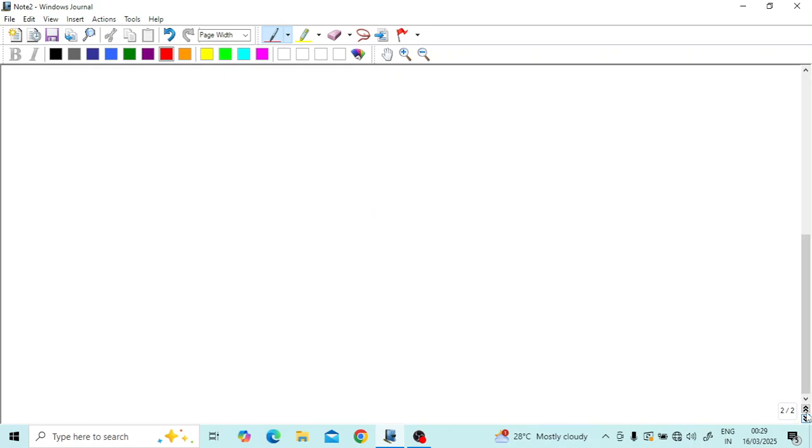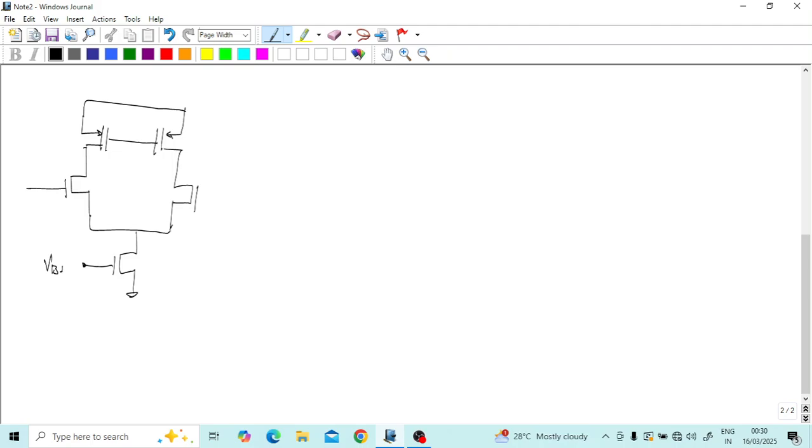Now let's see what the maximum voltage is that we can apply. Let me again draw this 5T OTA. This is the V bias, and this is VCM and VCM, and since this is a current mirror, we have to connect it like this, and this is VDD.